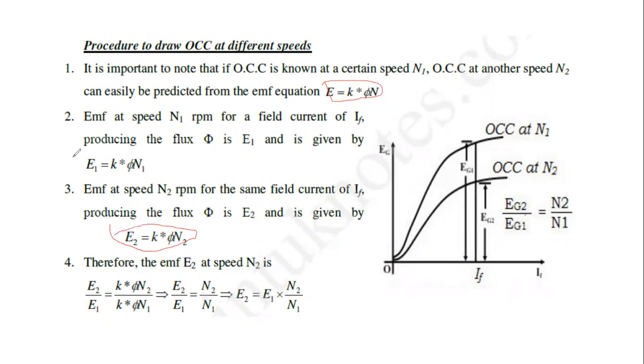Therefore, E2 by E1 equals K phi N2 by K phi N1. K into phi gets cancelled, so E2 by E1 equals N2 by N1.